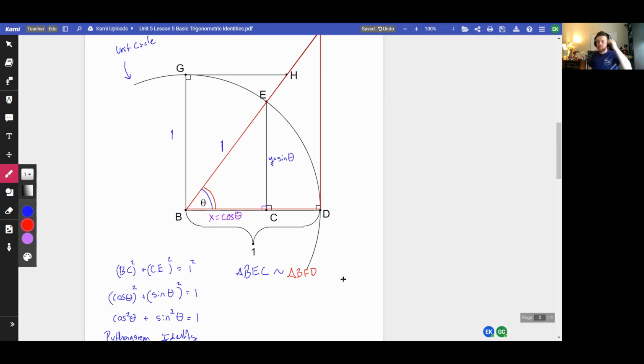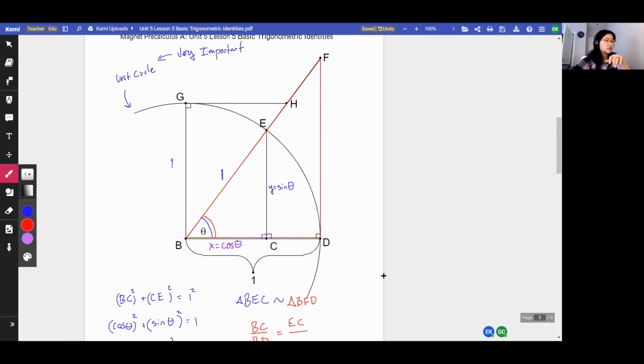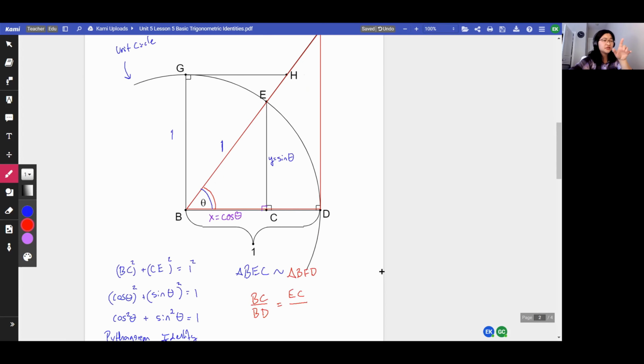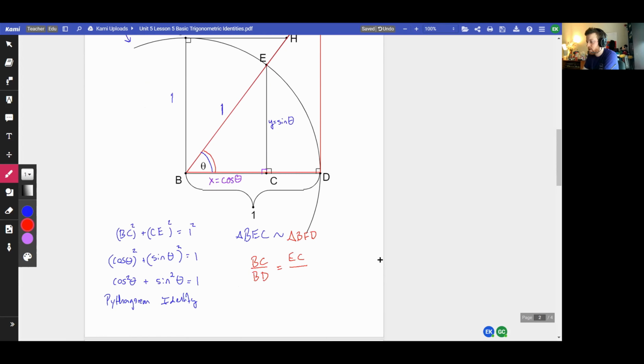So let's try to do that with a bunch of sides that we know. So we know that BC over BD is going to be the same as BE over BF. Yeah, BC over BD is equal to, what did you say? EC over FD. Yeah.